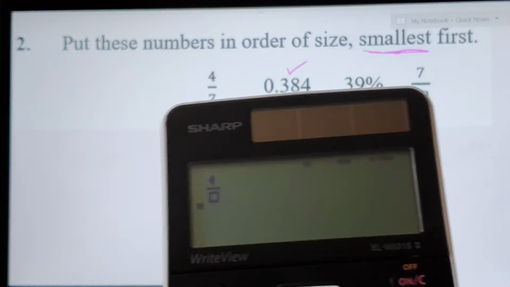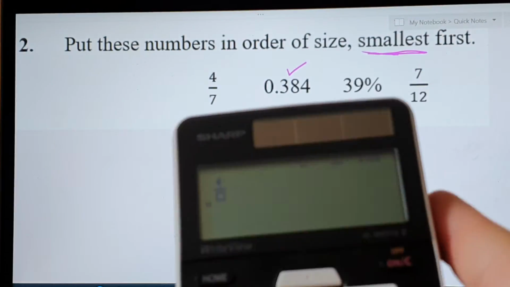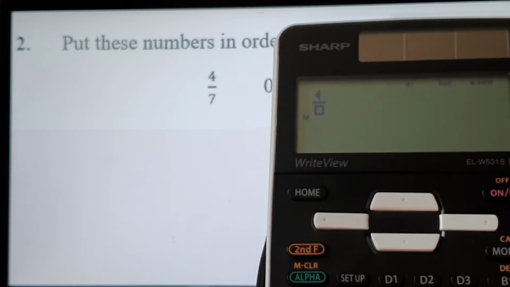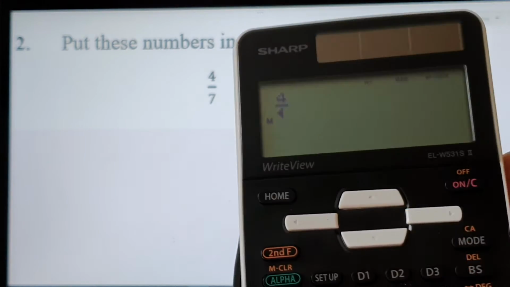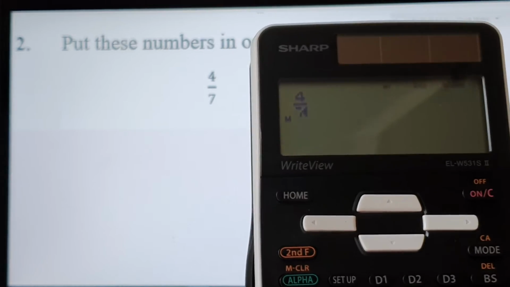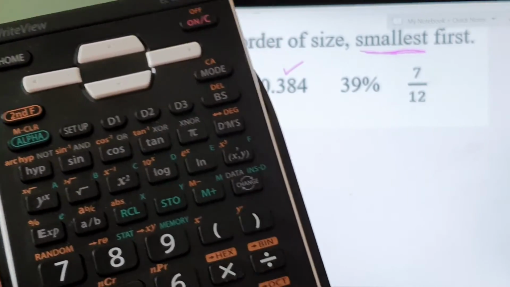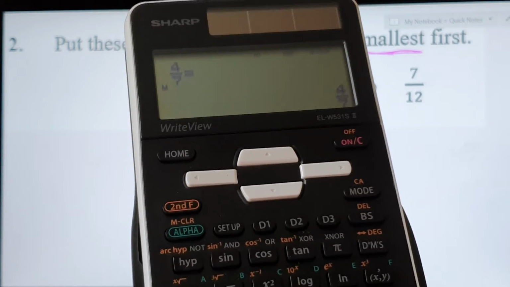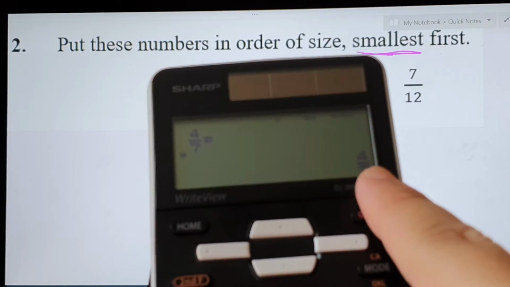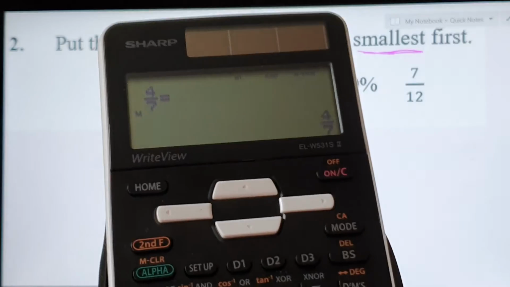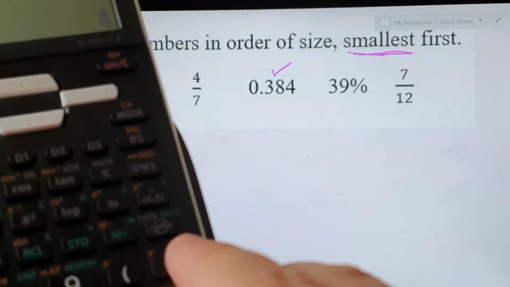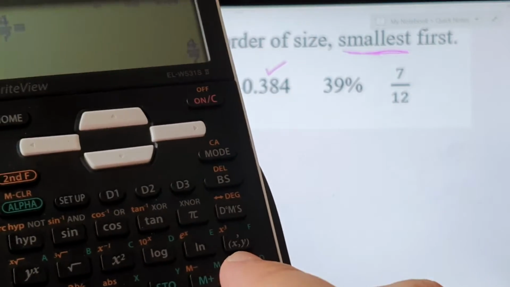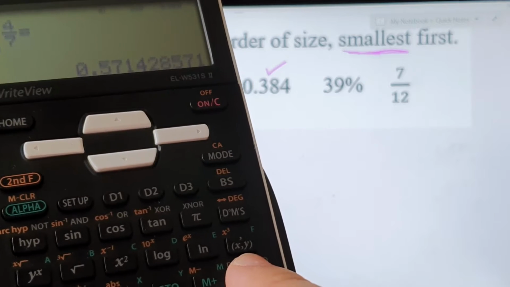Okay, so how do I change 4 over 7 to decimal? You press 4 over 7, then you press the equal button. It's still 4 over 7. Never mind, you press change. Press change, and it changes to decimal already.